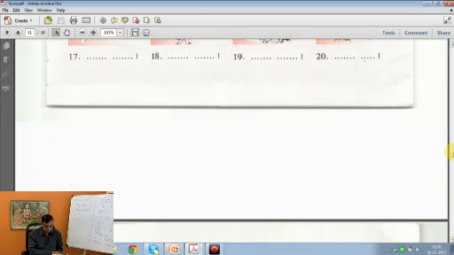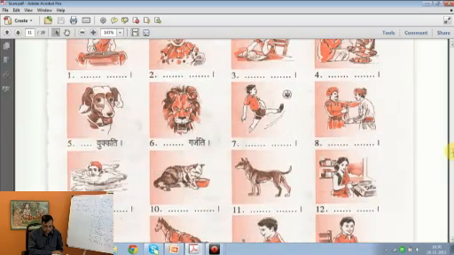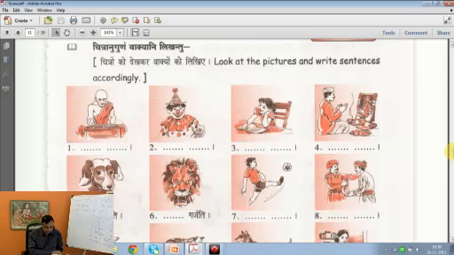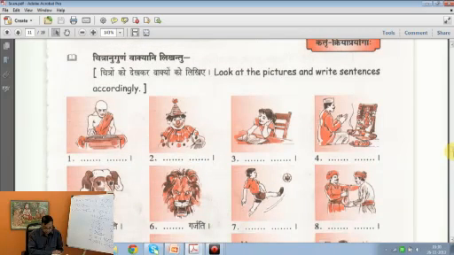First one. What is the picture showing? Panditah. Panditah writing, na. Likhati. So you say Panditah likhati.